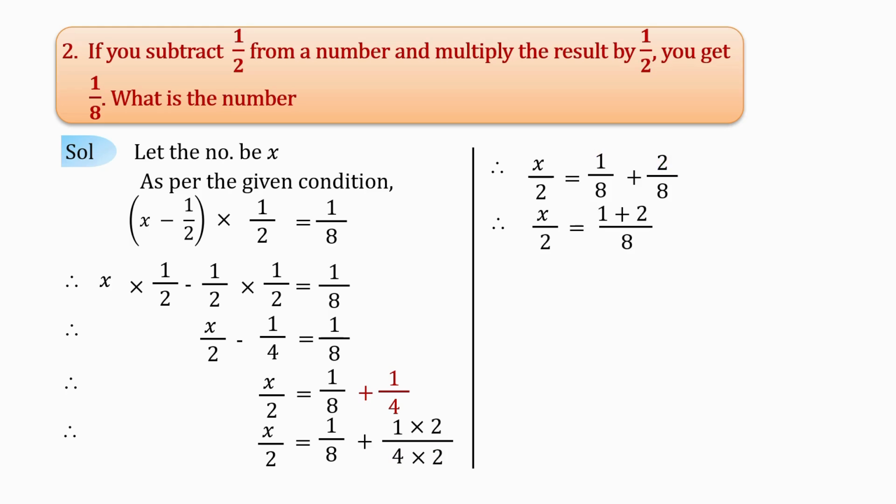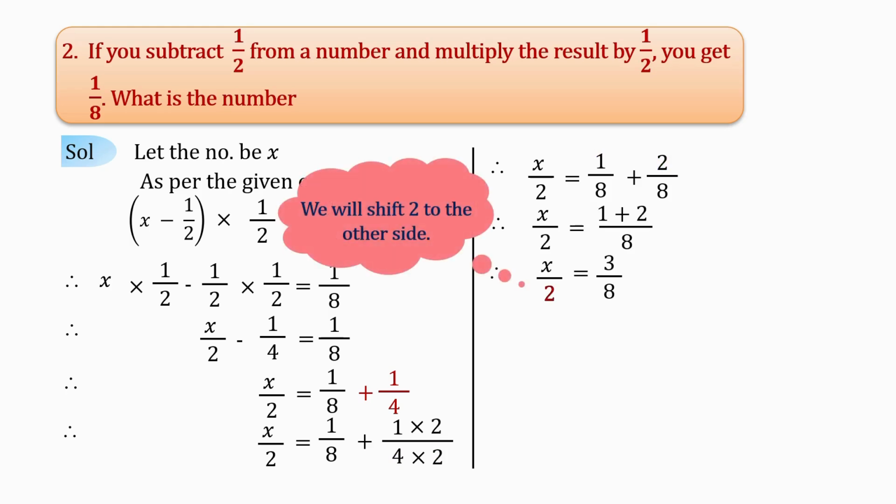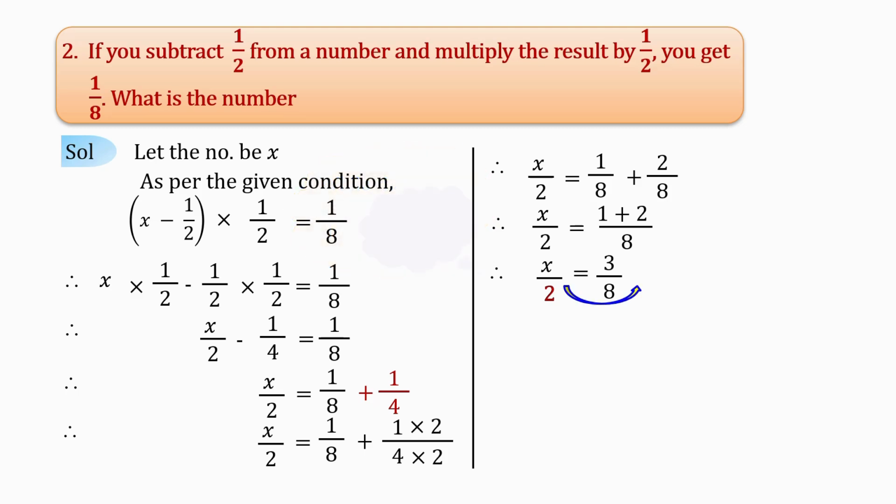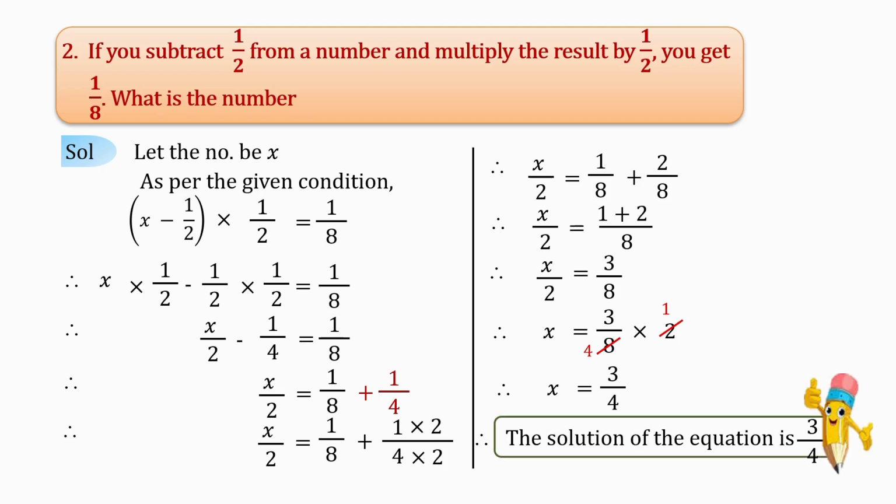So we got 3 by 8. So x by 2 equal to 3 by 8. Now we need to shift this 2 to the other side. So finally we got x equal to 3 by 4. So this is the number. So final answer you will write that the number is 3 by 4.